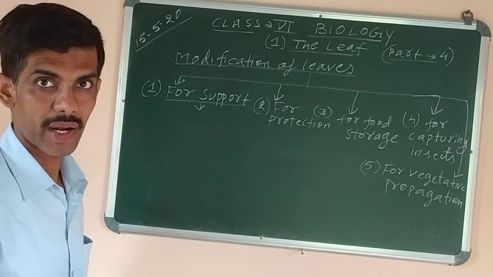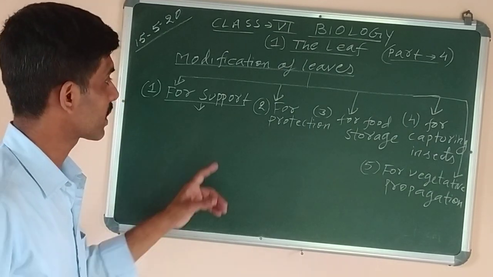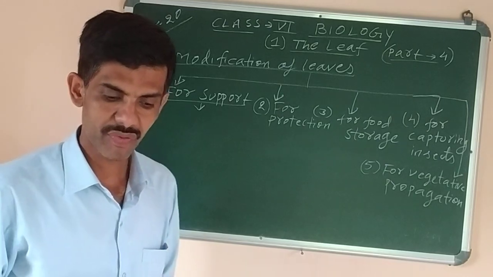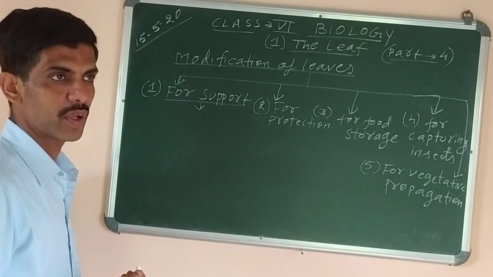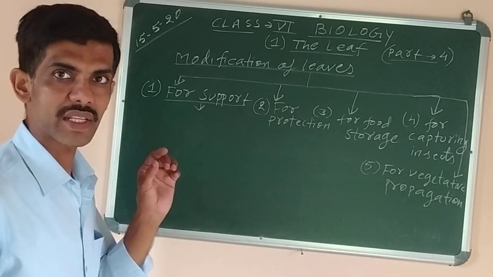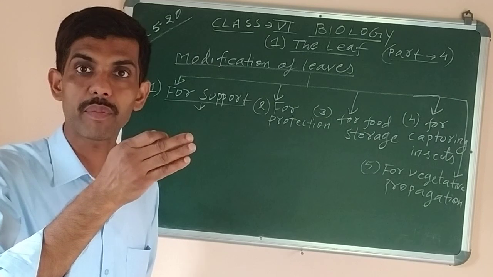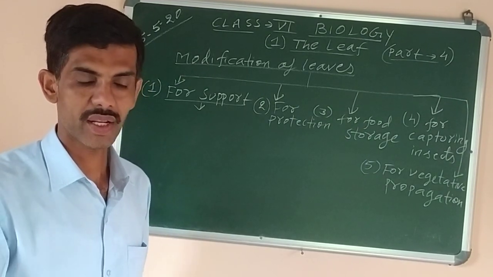Example, in pea plant we have seen, the leaf is changed into tendrils. Modification for support in some climbers. Climbers, you know, are the plants in which the stems are very soft and weak. So they cannot stand like mango tree, guava tree. The stems are very thick and strong. They can stand themselves.